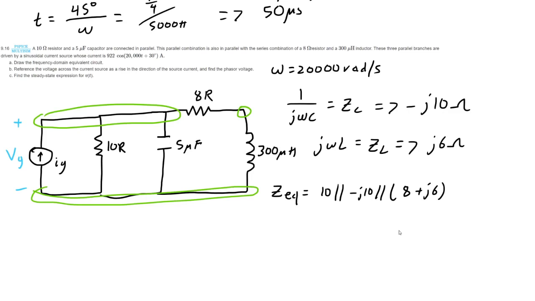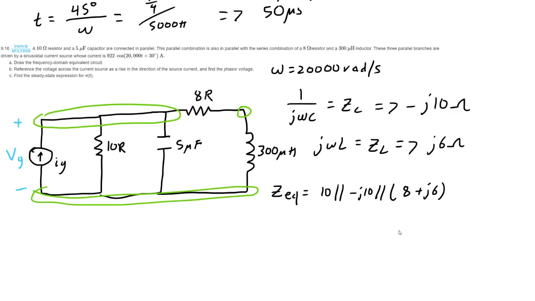So if we simplify all of this, you can do the 1 over Z1, Z2, because whenever you're in the phasors and you're using impedances, you can use your series and parallel combinations for resistors to solve all of this. So I went ahead and solved this out on paper ahead of time.